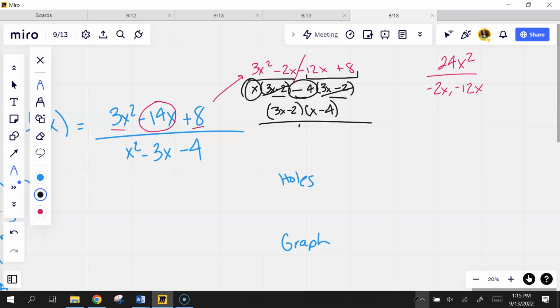Okay, on the bottom, same thing, different problem. So what multiplies to negative 4x squared but adds to negative 3x? Oh, 4x squared. Yeah. Okay.